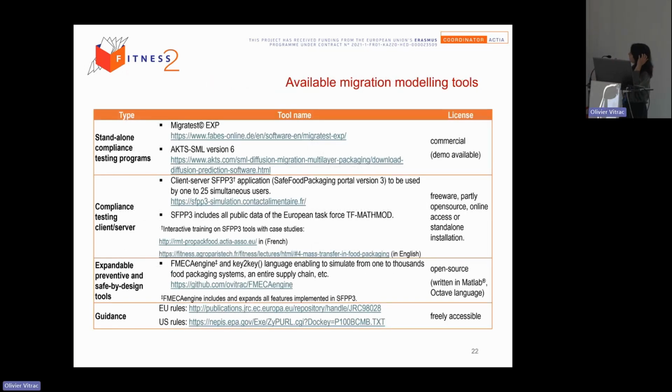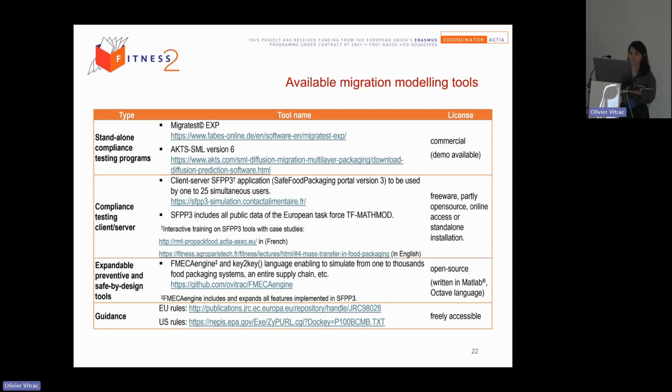As I said, we have many modeling tools available in Europe, free open source or not. And in our case, we have two tools developed by INRAE. SFPP3, where we have the interface and the software, so it's easier and more friendly to use, and also we have the FMecha engine. It's available on MATLAB or Octave.